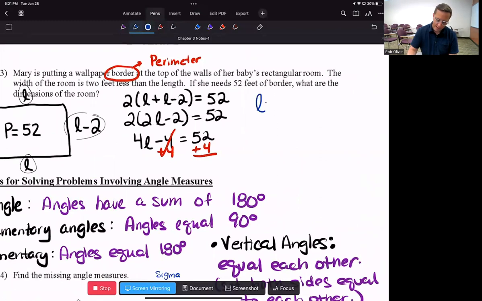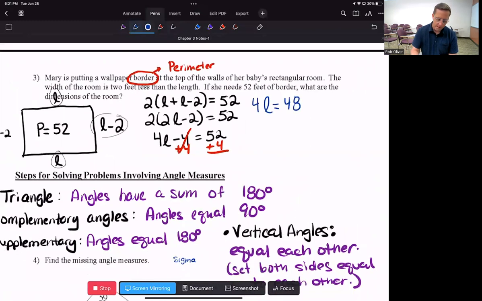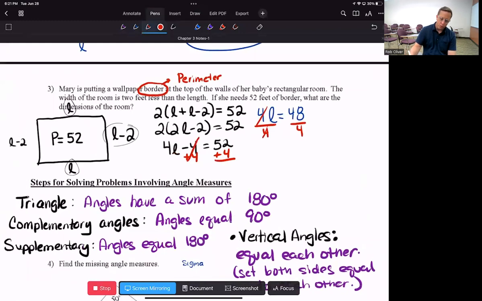And so we got 4L equals 48. Divide by 4. And you get the length is 12. So right there, the length is 12, and that means the width has to be 10, because it's a matter of doing 12 minus 2. That's it.